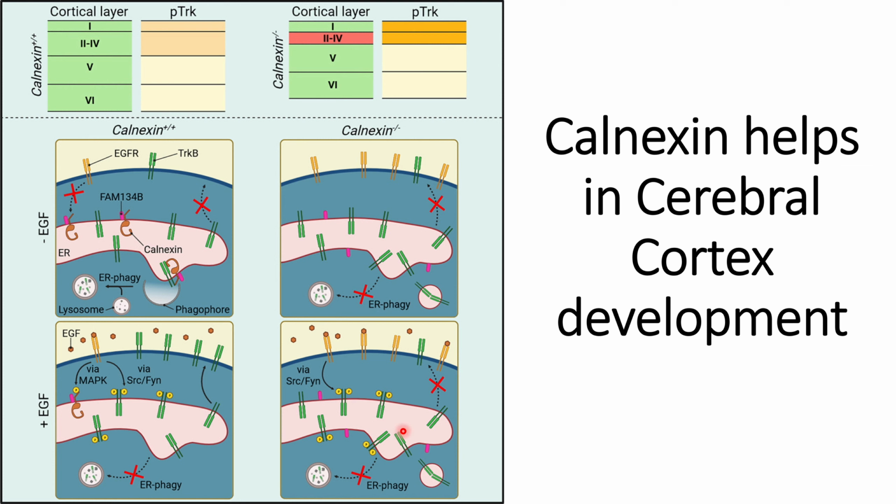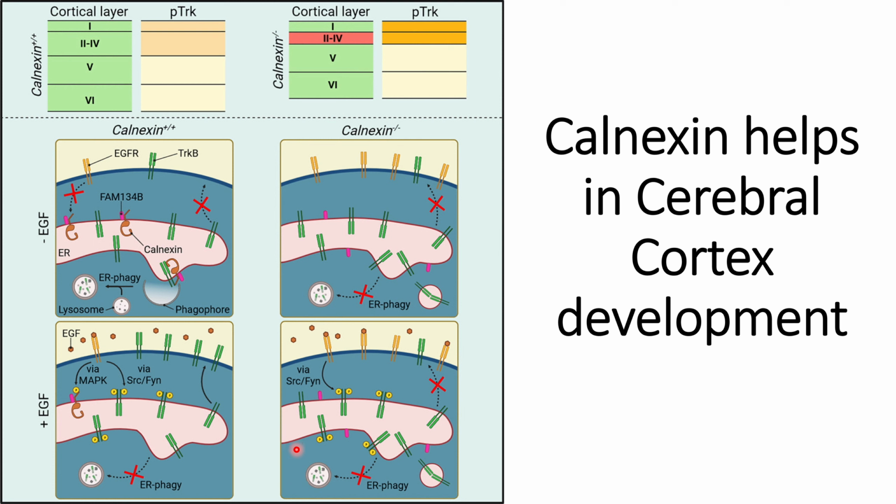However, since Calnexin is not there, these proteins will not be able to form their native structures, and because of non-native structures, there is an impairment in translocating those TrkB to the cell surface. Since there is a low amount of TrkB expressed on the cell surface, it will affect the cortical layer development and thereby the cerebral cortex development.